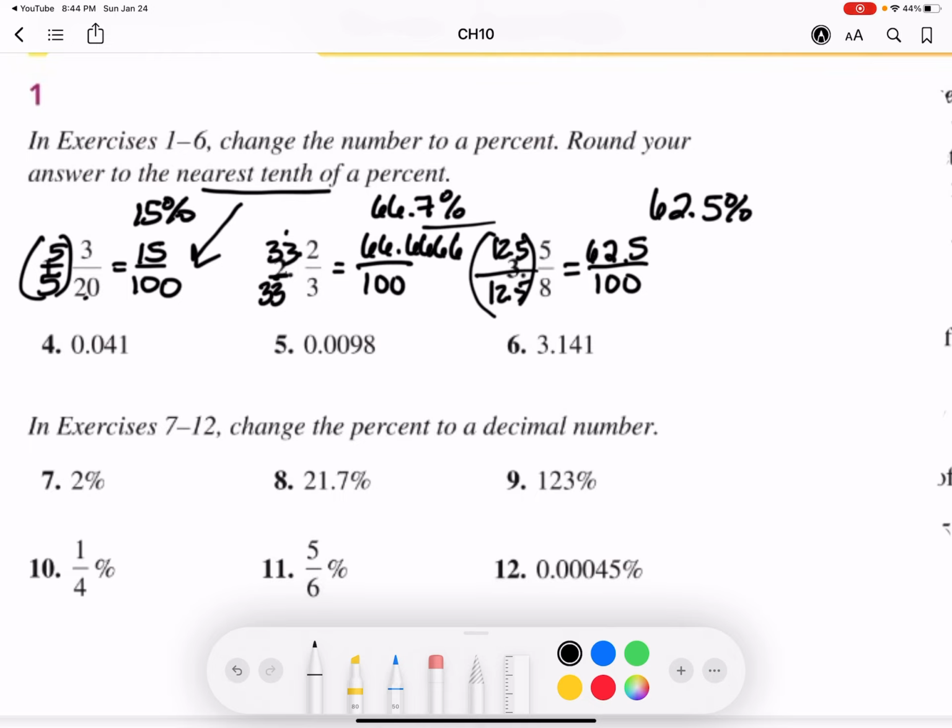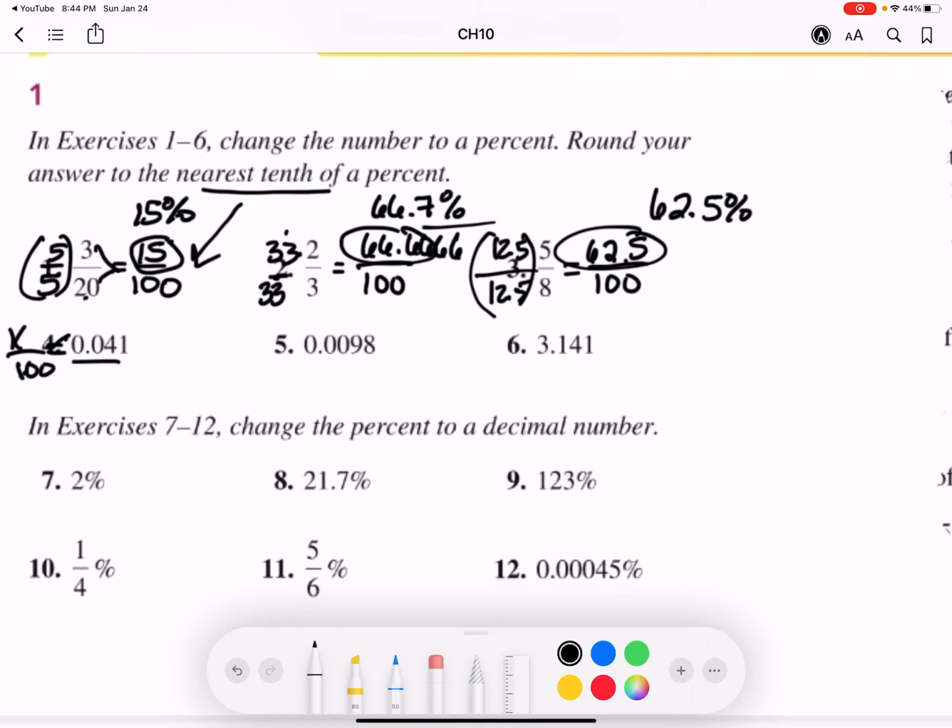Now it's giving us a decimal, and it's asking us to convert to a percentage. As you can see, our percentages were everything up here in the numerator. So we've got x over 100 equals our decimal, so when you solve this, it goes to a decimal.